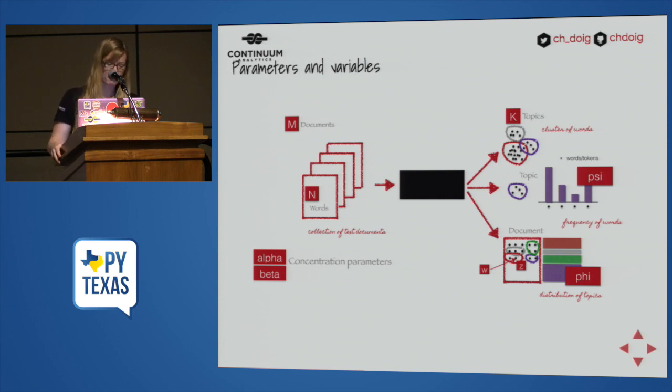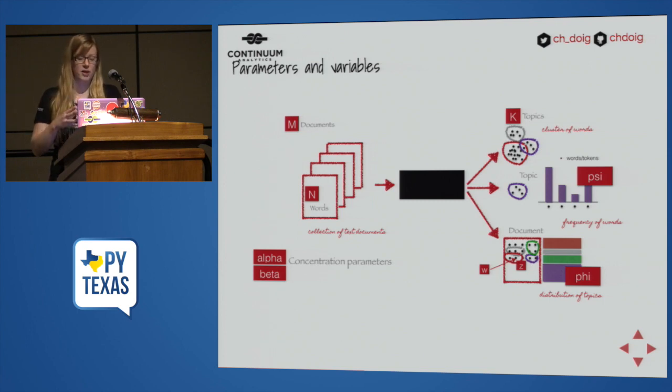So going back to the diagram I had at the beginning, as we mentioned, we have m number of documents. Each of these documents is going to have n number of words, which we're going to throw into this black box that we're going to call LDA, and we're going to output k number of topics that are just a cluster of words.